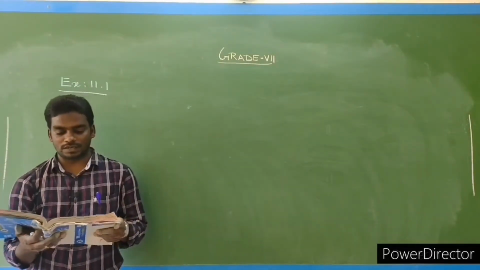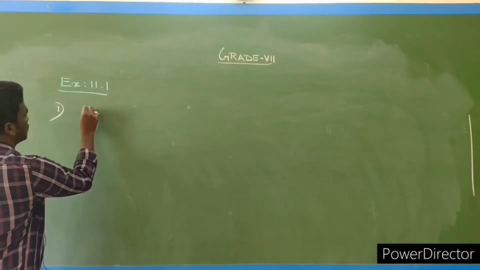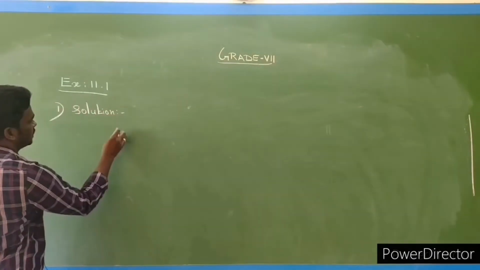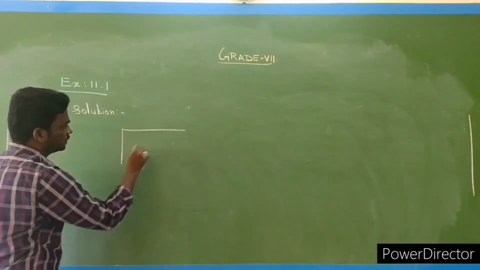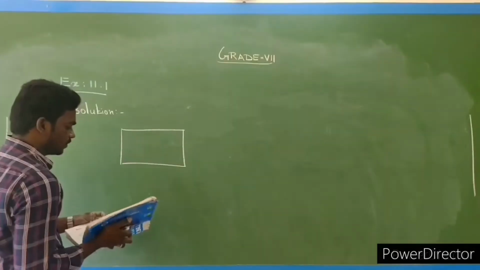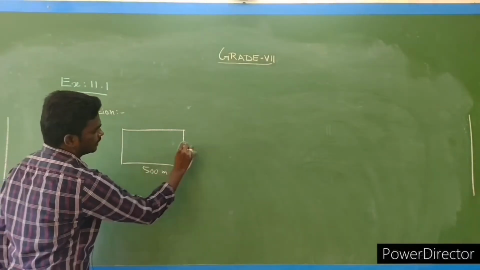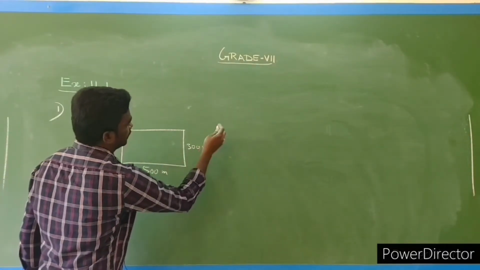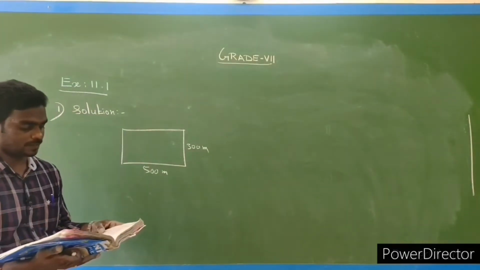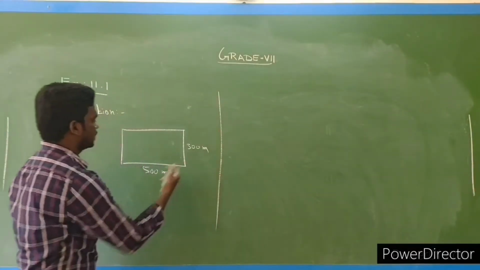The length and breadth of a rectangular piece of land are 500 meter and 300 meter respectively. Find its area. First one, we want to find the area of the rectangular piece.